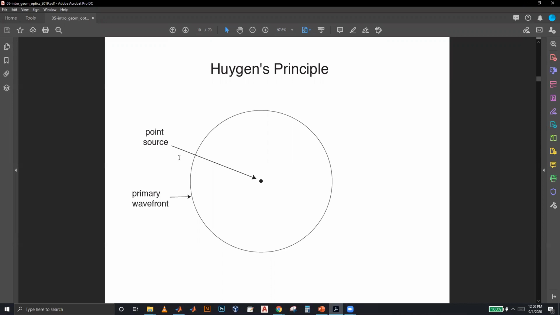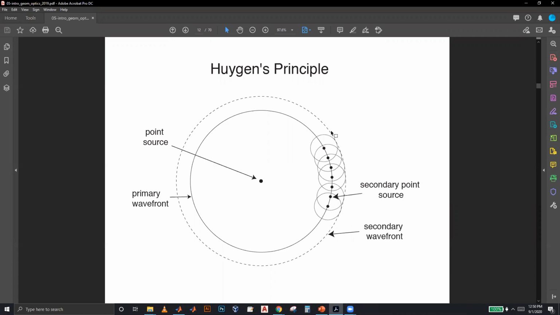The principle states that the point source will create a primary wavefront, and each point on the surface of this primary wavefront can be thought of as a secondary point source, which itself creates another circular wavefront. So if you then draw an arc connecting all these smaller circles, what you basically get is a bigger circle, right? And then on each point of this dotted curve, if you again think of it as a secondary point source, you can repeat this and you'll get another circle and so on.